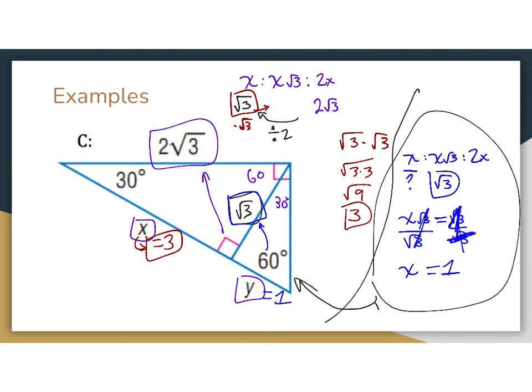So anything you can do to keep your work separated by which shape you're dealing with will help you stay organized. Or you could always break this apart and draw one triangle, but then realize that they do share a side, and this side is my short leg on this triangle, my middle leg on this triangle, my long leg on this triangle. Whatever you have to do to keep it organized.